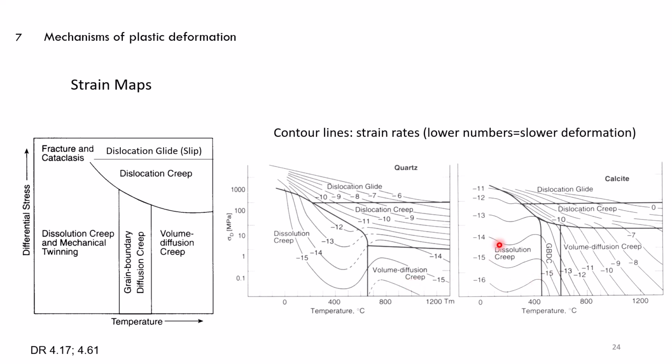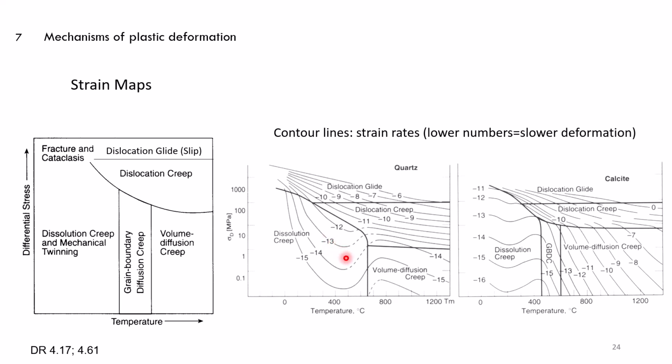Similar for calcite, we see at lower temperatures, dissolution creep is the only dominant and important deformation process. Increasing temperature allows the diffusion-related processes to become active. We see contour lines on these diagrams here. They refer to strain rates.